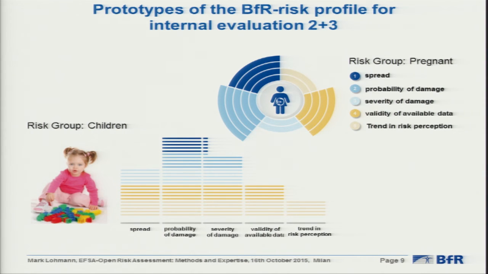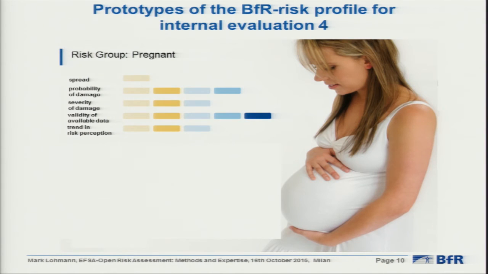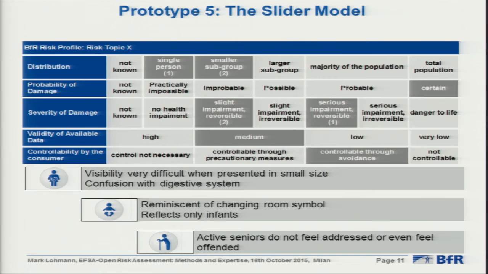The result was that a risk profile should be more factual and unemotional. Because we had developed another prototype where we exaggerated the highlighting of the target group, the result was to reduce this emotional aspect, and that's why we developed another one.